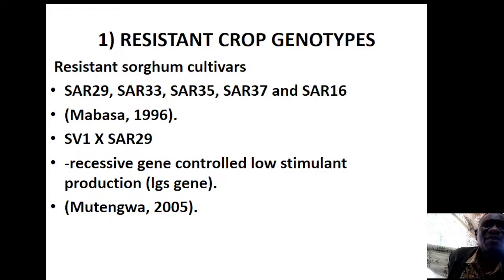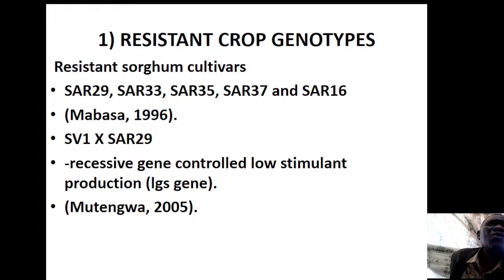And you tell them that after 20 years maybe things will be okay. They are not going to listen to that. So farmers need something which can produce a crop, grain. So the first thing which we should do is to find resistant crop genotypes or tolerant crop genotypes, so that farmers could harvest something.